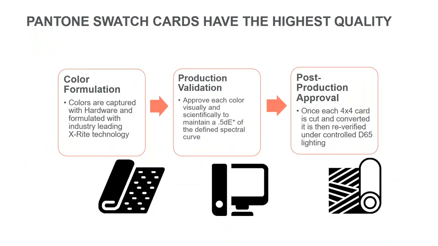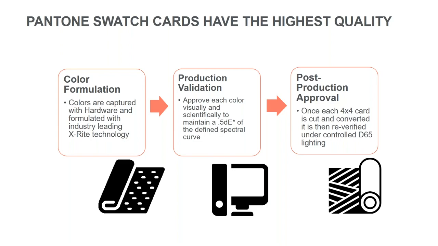So what we do, we capture this color with our top of the line spectrophotometer, the X-Rite CI7860. It has an inter-instrument agreement of 0.06 delta E. Very, very tight inter-instrument agreement. It is the best in the world in this product category. Product validation.